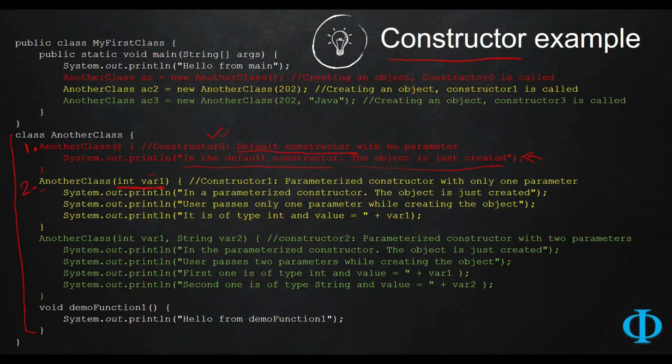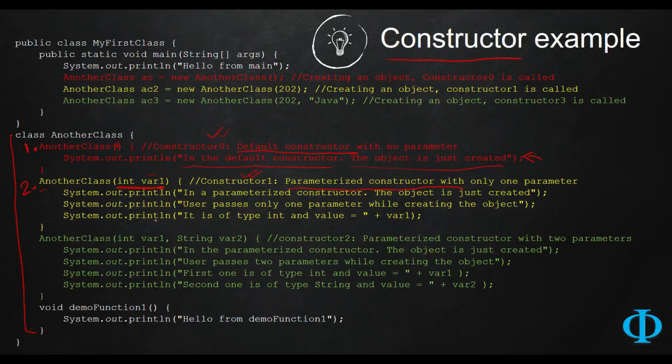So this is another constructor, called constructor 1, which is called a parameterized constructor. Parameterized constructor means it is accepting one parameter. Instead of no parameter, it is accepting one parameter.